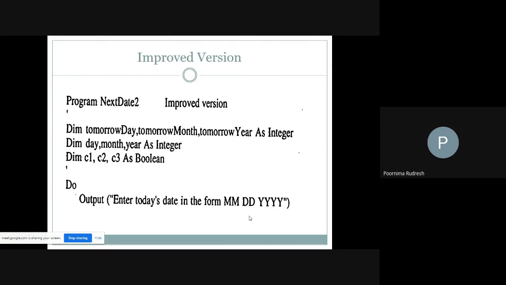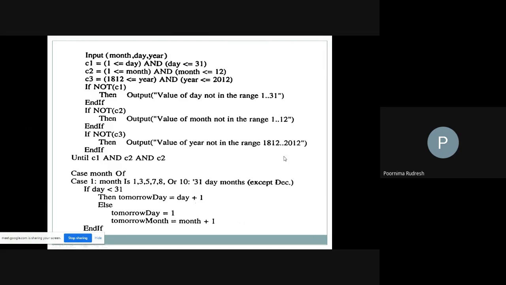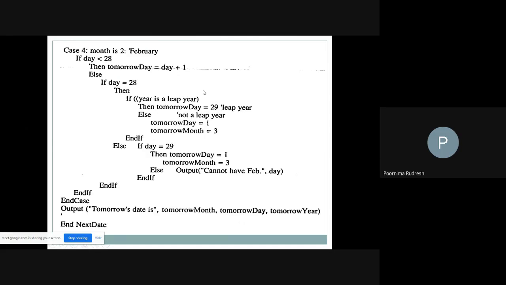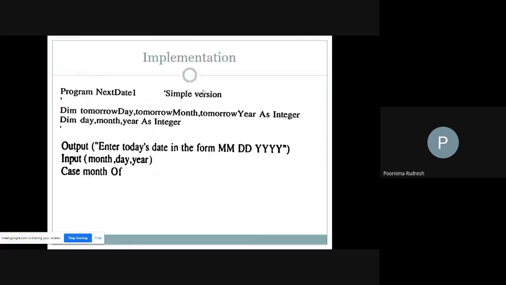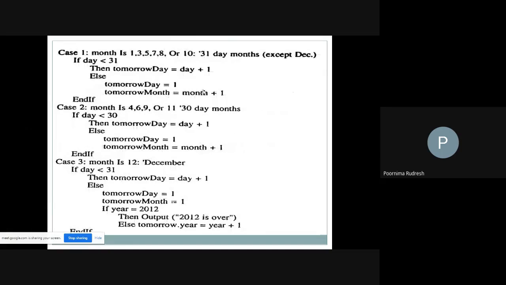So here three conditions we have to check. In the previous program we considered different cases, but we did not check whether the inputs are within range or not. C1, C2, C3 were not considered.